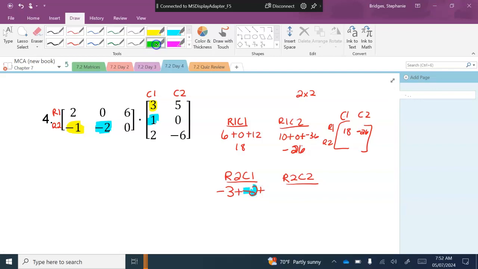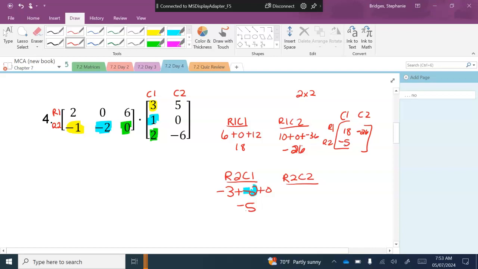And then across and down one more time. 0 times 2 is 0. And that's going to give me a total of, okay, sorry, try it again. That's negative 3. That's negative 2, and that's 0. Which gives me negative 5.